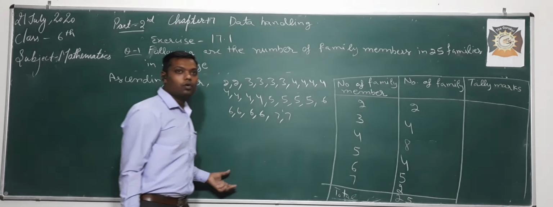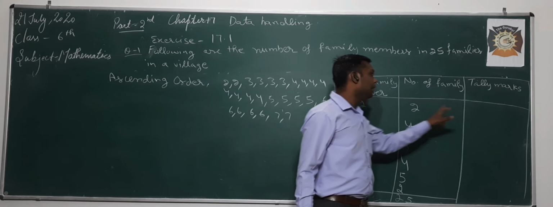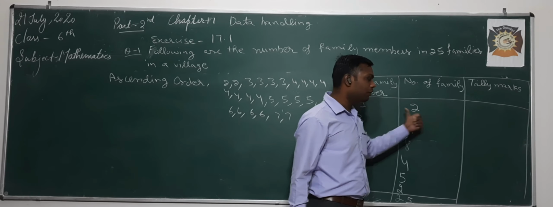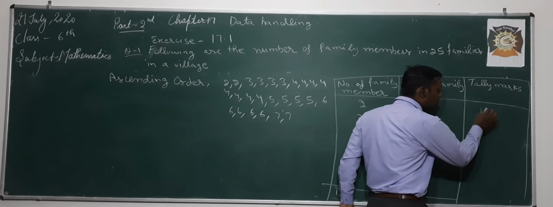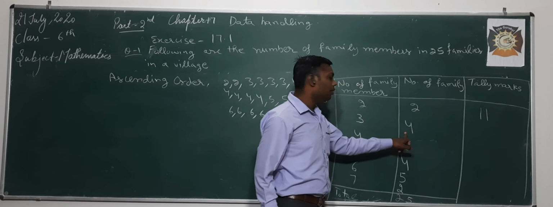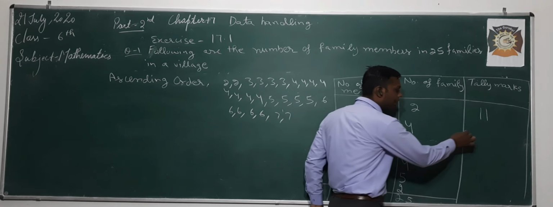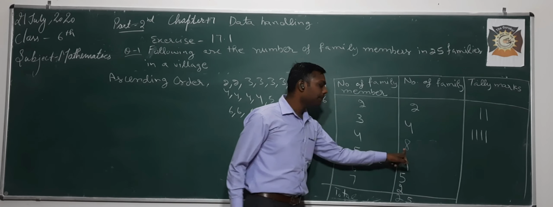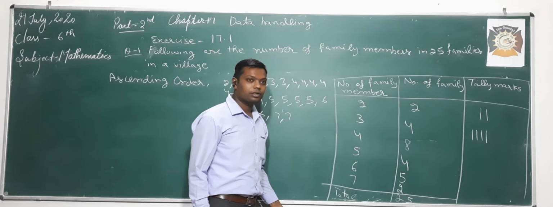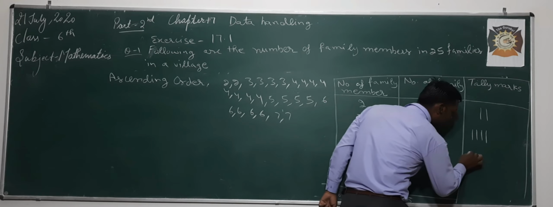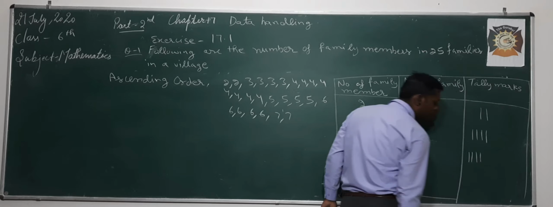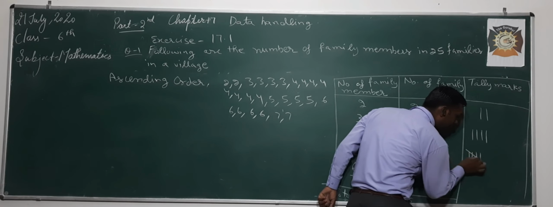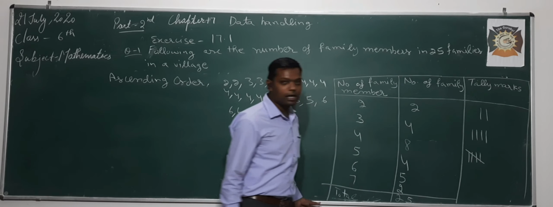Now we have to find the tally marks. For 2, we write only 2 lines. For 4, we write 4 lines. For 8 in tally marks, we write 1, 2, 3, 4, and for 5 we draw a line across all the 4 lines.